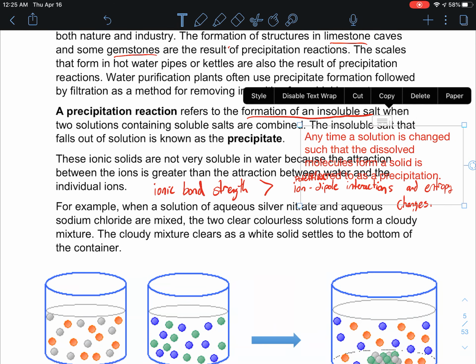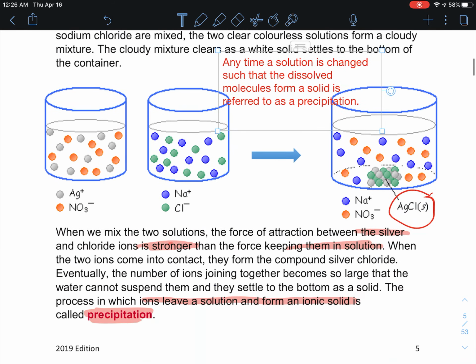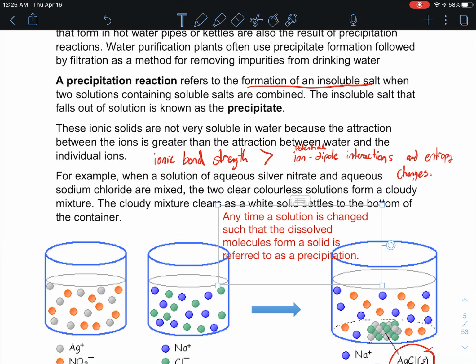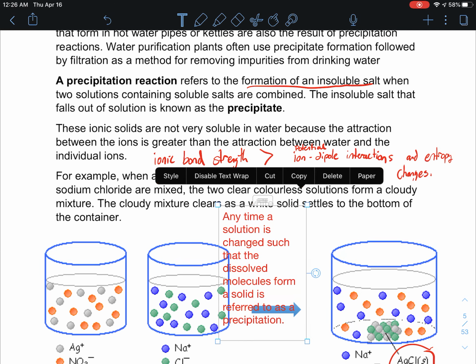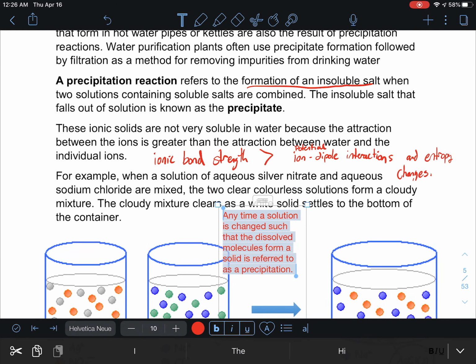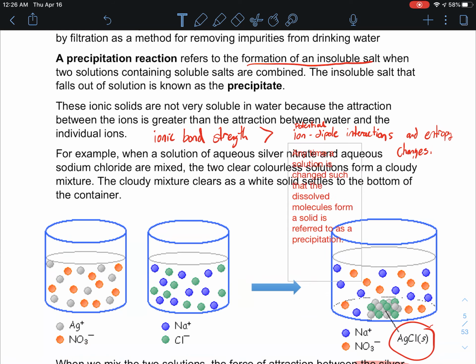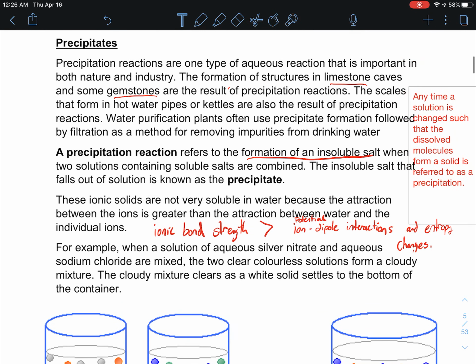So for precipitation reaction, there is literally no space on this page for my extra writing here, so I'm going to shrink it down a little bit. But a precipitation reaction particularly is usually done by reacting two solutions together, or two dissolved solutions together.